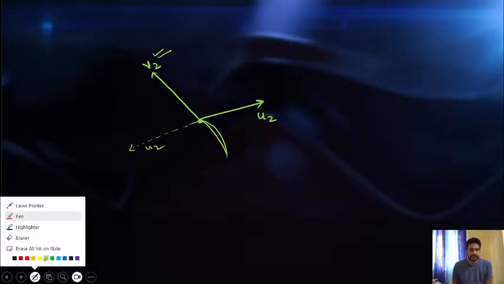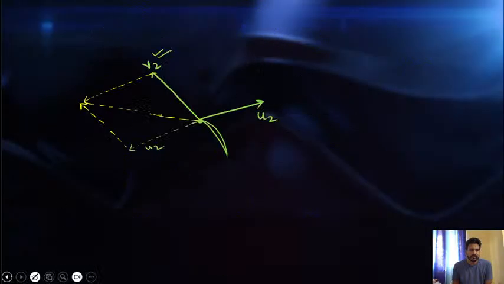Now you can make the triangle, sorry, and make the parallelogram of it. Now this diagonal is basically what? ये थोड़ा सा मैंने अजीब सा बना दिया. This is what? This is my relative velocity between v2 and u2, right?